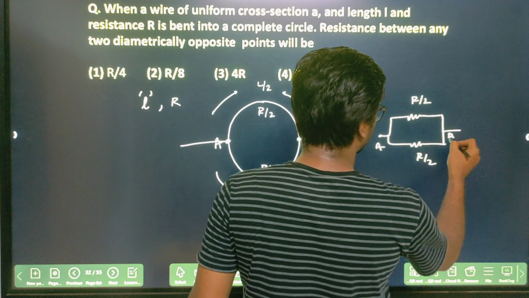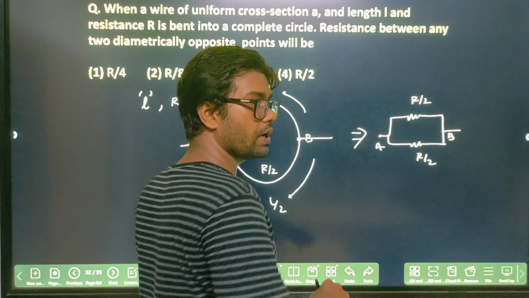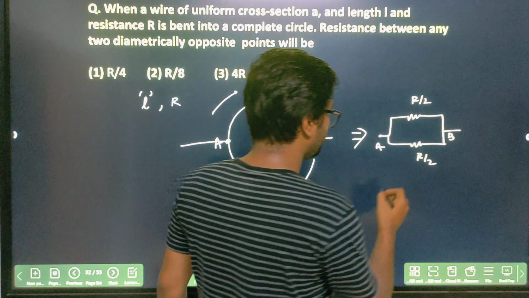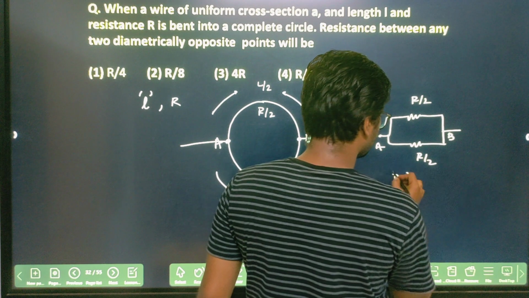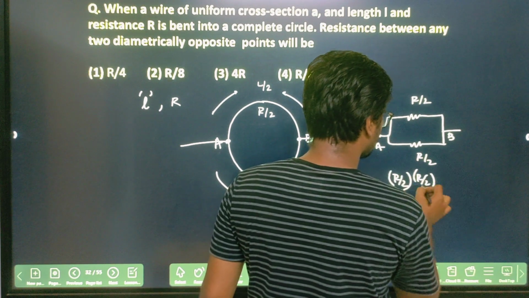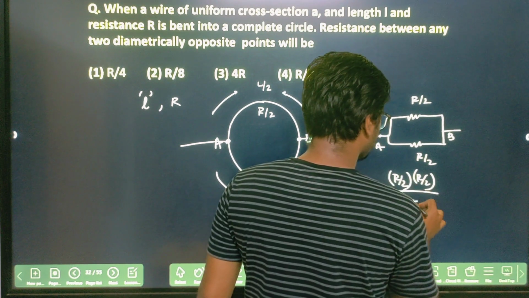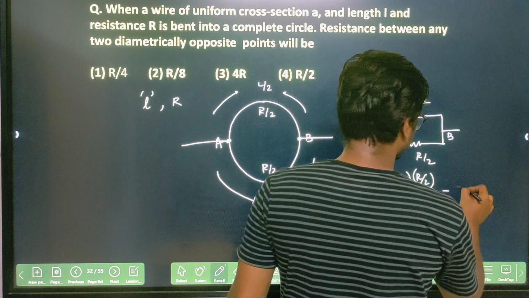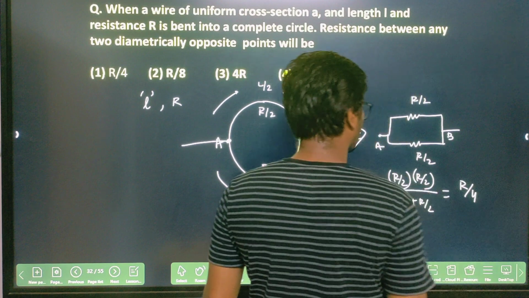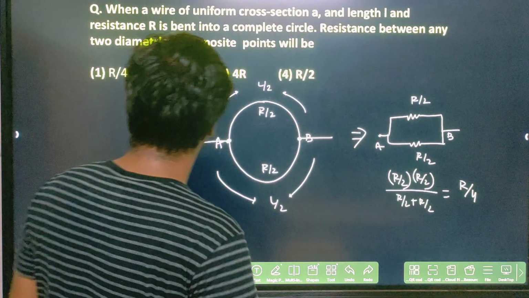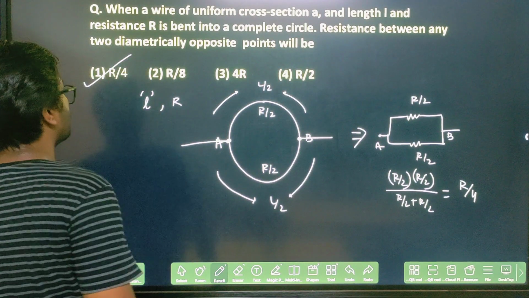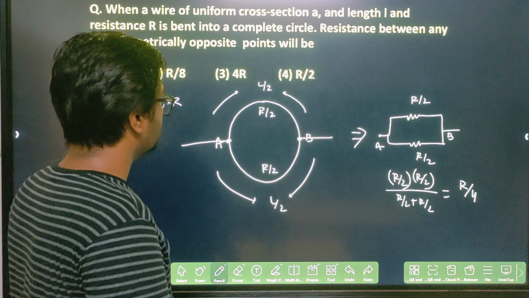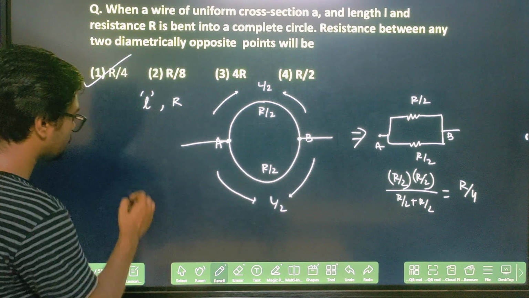This is your point B. So the net resistance will be R by 2 into R by 2 divided by R by 2 plus R by 2. So this comes as R by 4 ohm. Clear? Option number 1 will be correct. Here, what did I use?